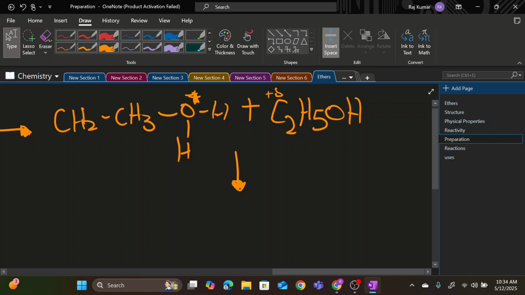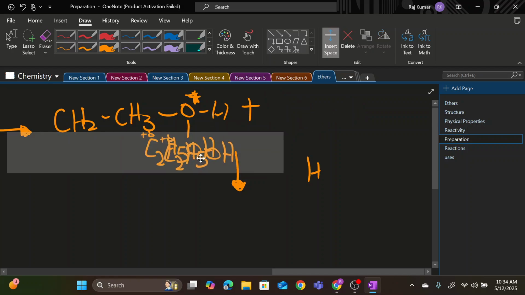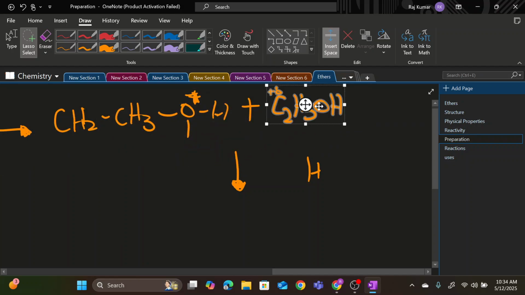The alpha carbon of the ethyl group reacts with it and replaces this group. It will replace this group, keep it away, and instead come and take its place. This is the entire reaction.